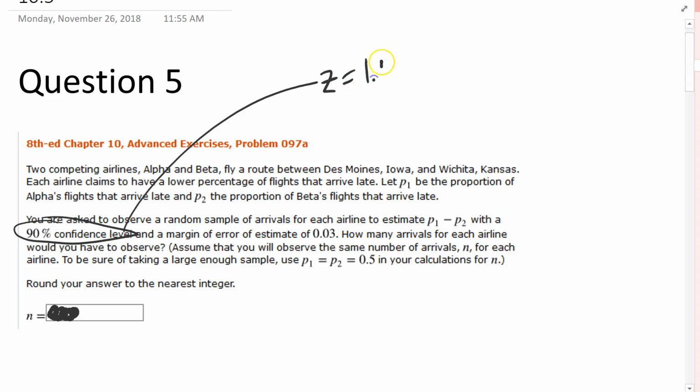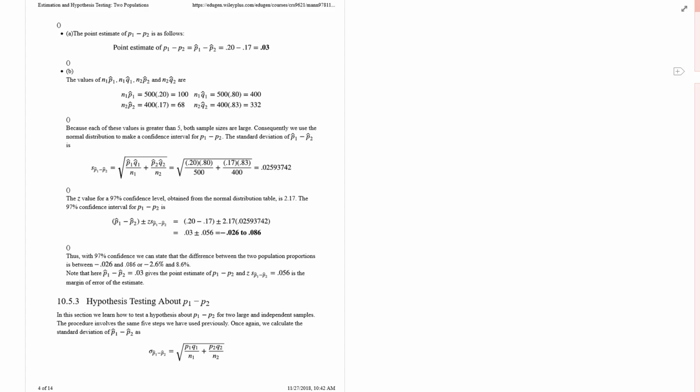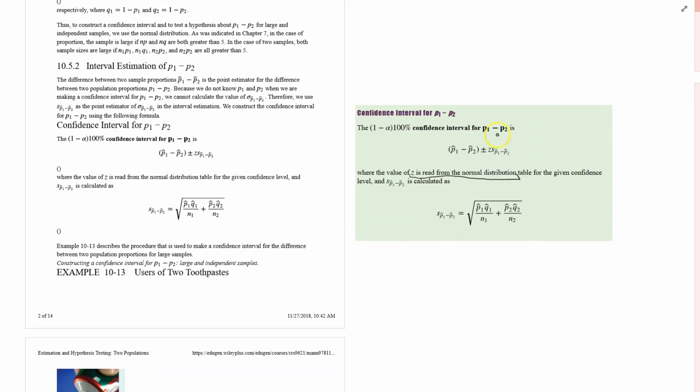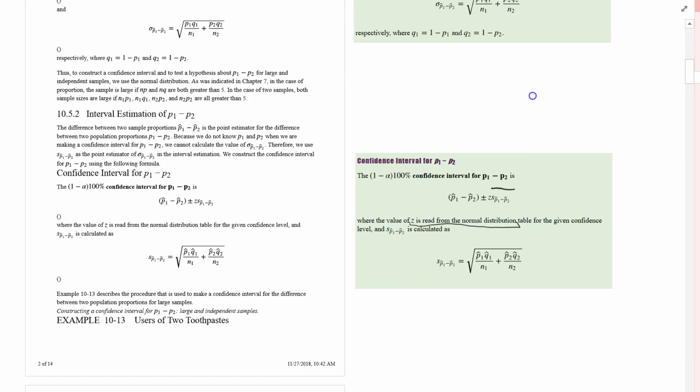So z would equal 1.65. The margin of error is given as 0.03, and if we go back to the book here, the margin of error is z times the standard deviation of the difference of P1 and P2.